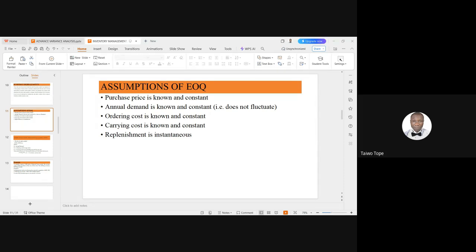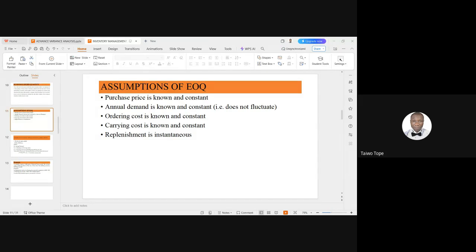Carrying cost is known and constant, but in some questions they can tell you that the carrying cost is 10% of the cost per unit, so you look for 10% of the cost per unit. But it will still be constant. And replenishment is instantaneous. These are the assumptions of economic order quantity.